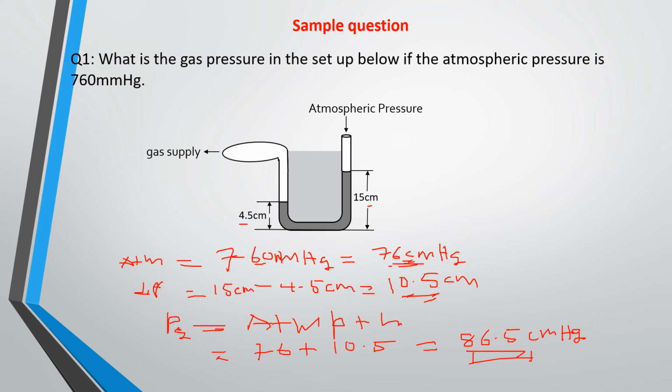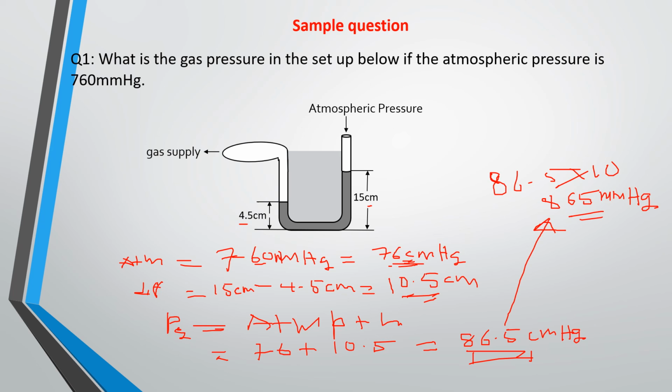You can equally convert this to millimeter by multiplying it by 10. Let's convert it to millimeters. You have 86.5 multiplied by 10, so that will give you 865 millimeter Hg, as the case may be.